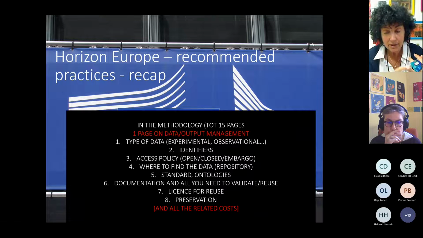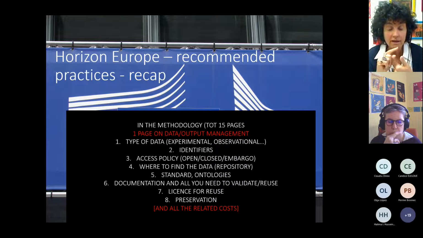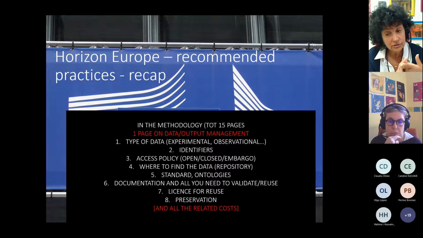If an embargo period on data is suitable, it's allowed. Where to find the data, the standards and the ontologies you are using, the documentation, and all you need to validate and reuse your data, the license for reuse, the preservation, so where you are going to preserve your data, and of course, all the related costs.